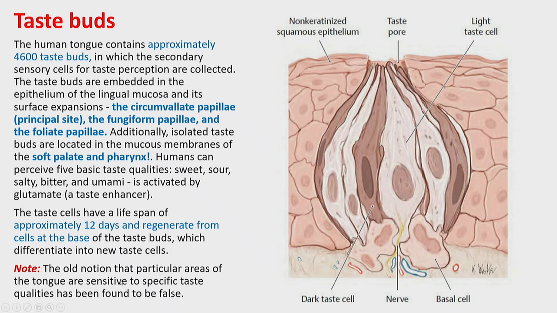Nowadays, according to new research, there is no specific localization where this part is for sour, this part is for salty. There are no specific taste qualities in specific places of the tongue. Wherever you are on the tongue, the perception of these 5 basic tastes is approximately equal.